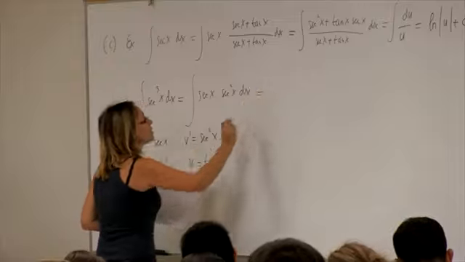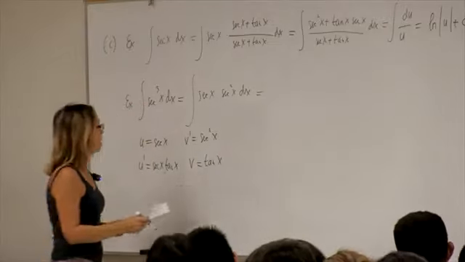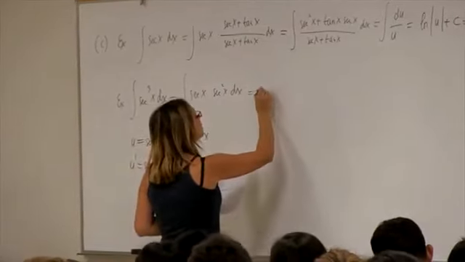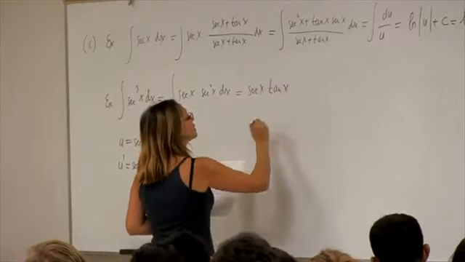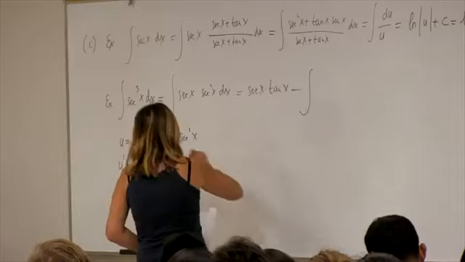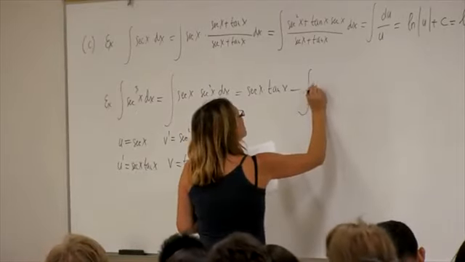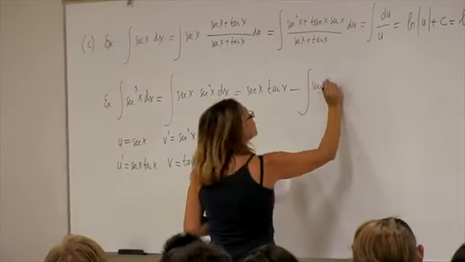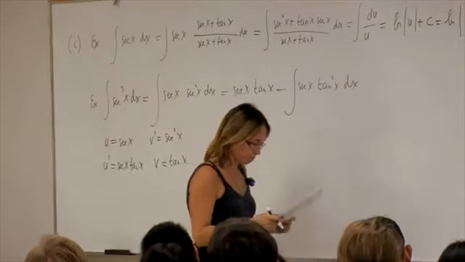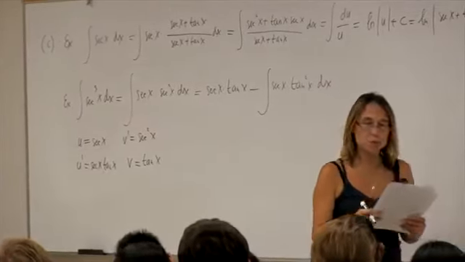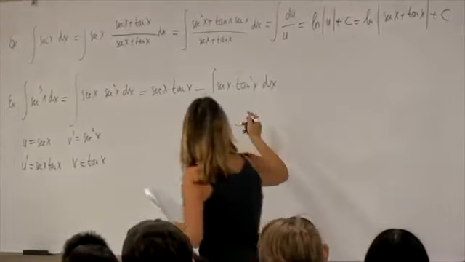Let's try to take this by parts using the usual formula. Secant x tangent x minus the integral of secant x tangent squared x dx. Okay, not clear what we gained, but let's continue.